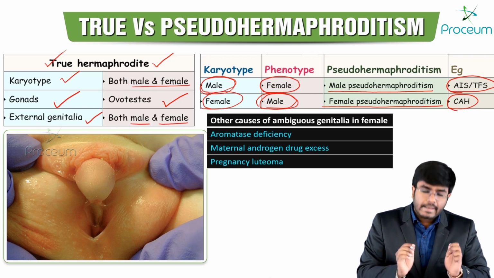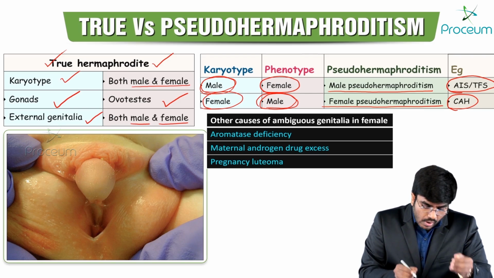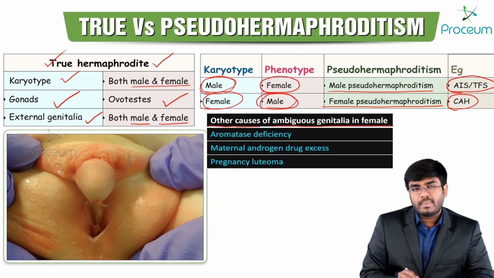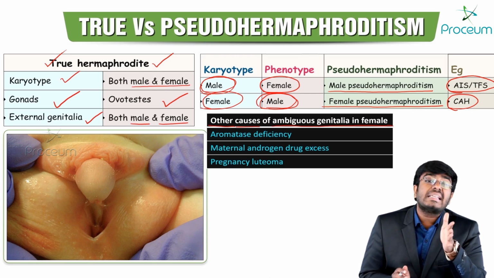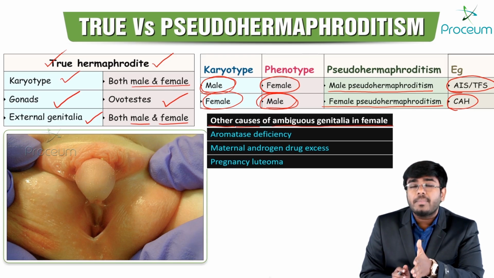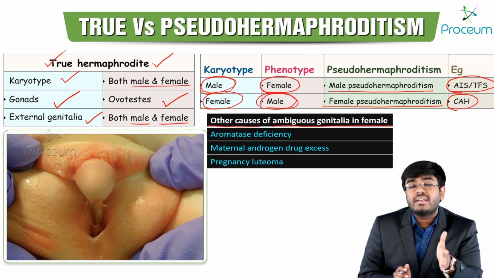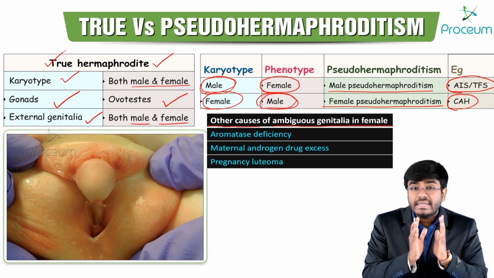We have discussed. Now, after this, let's see a few important points. Other causes for ambiguous genitalia in a female. See, what is the most common cause for ambiguous genitalia in a female? That's congenital adrenal hyperplasia, where there is too much androgen, and these excess adrenal androgens are causing virilization in a female child, which we have already discussed.